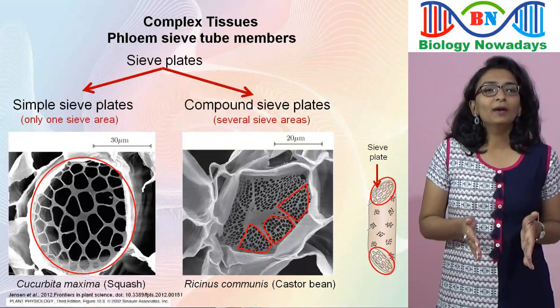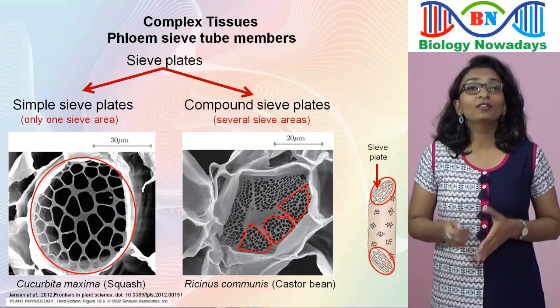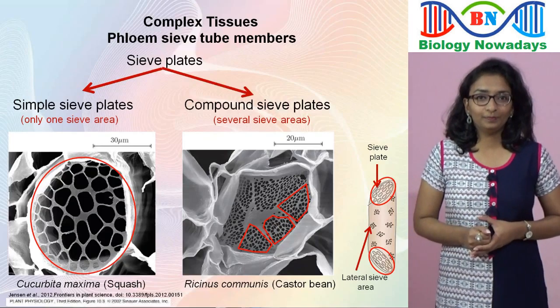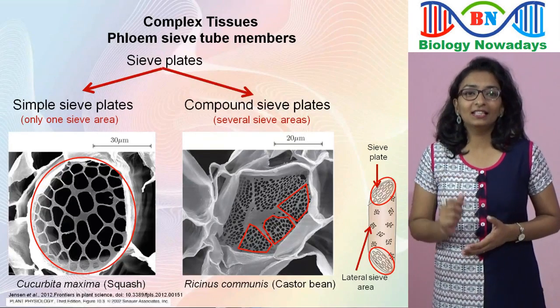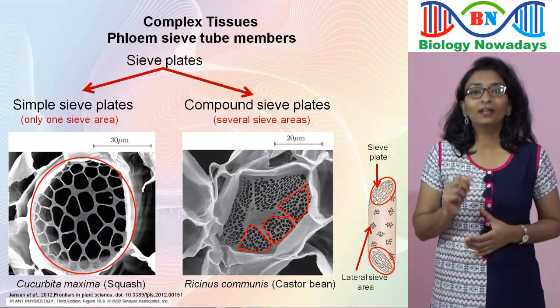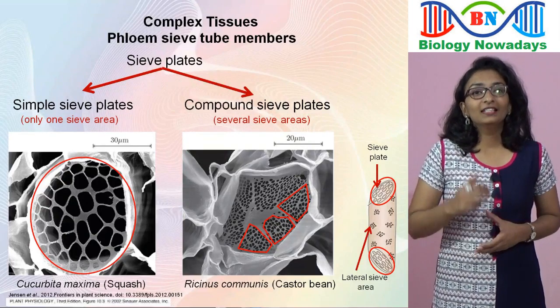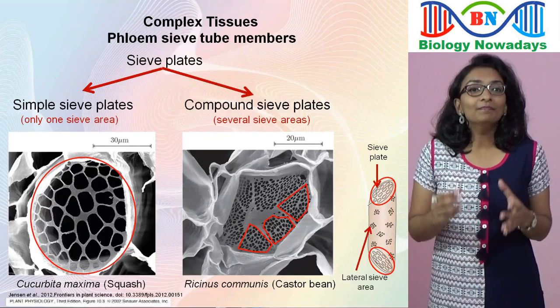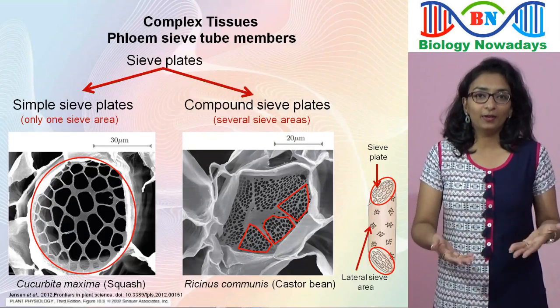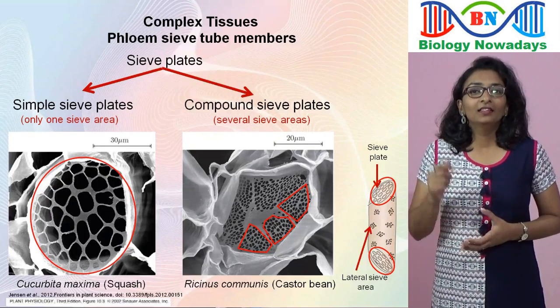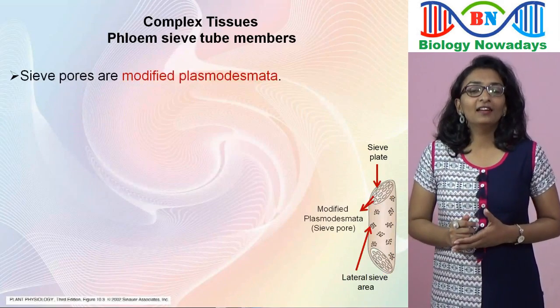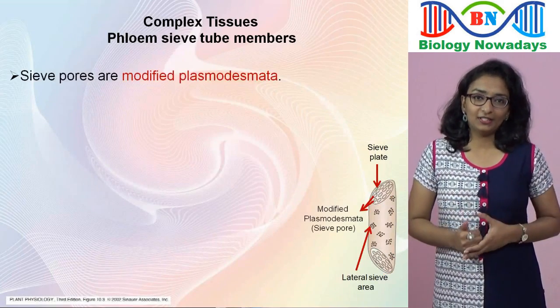Actually, the sieve tube members have some sieve areas on their side walls also. But the pores in these sieve areas are really small when compared to the pores on their sieve plates. The sieve tube members with single sieve plates are more advanced. The pores in the sieve plates are actually modified plasmodesmata.